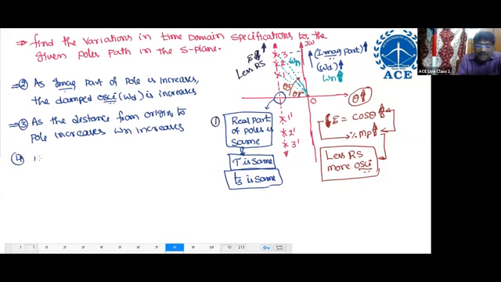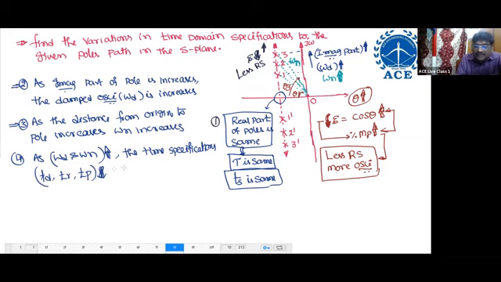So as omega d and omega n increase, the time specifications, delay time, rise time, and peak time, are all opposite to frequency, so all of them decrease. Next, as zeta decreases, the percentage of peak overshoot, Mp, increases.